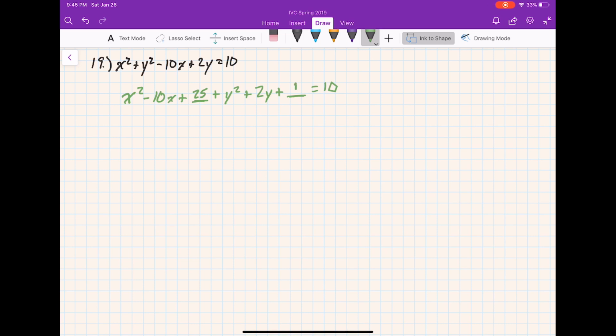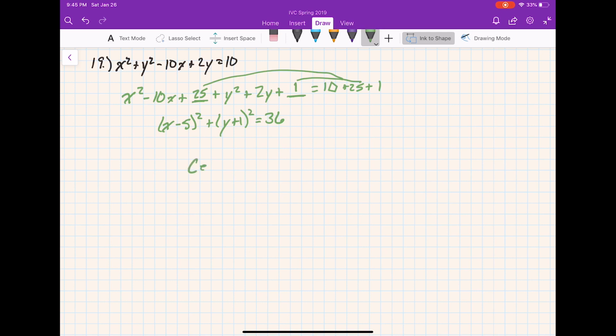This is going to be just 1. That one's easy. Now we have the quantity x minus 5 squared plus y plus 1 squared equals, we're going to add our 25 and our 1 to the other side. Yes, 36. So 36, that's what I get on that one.